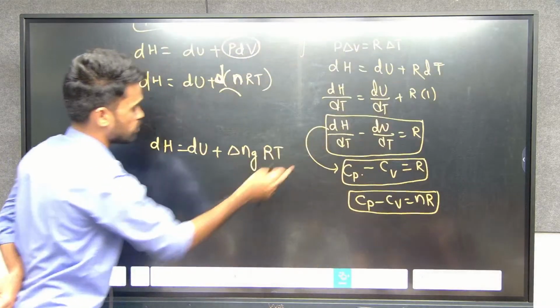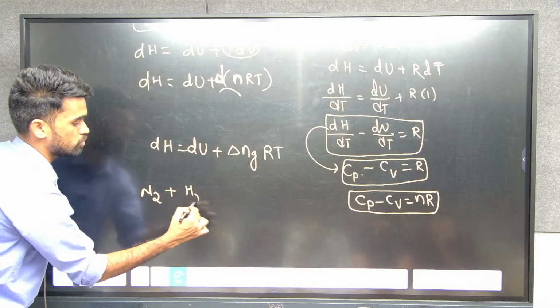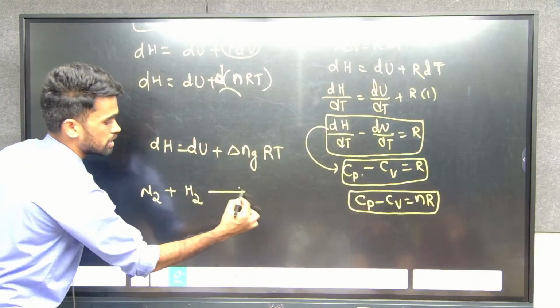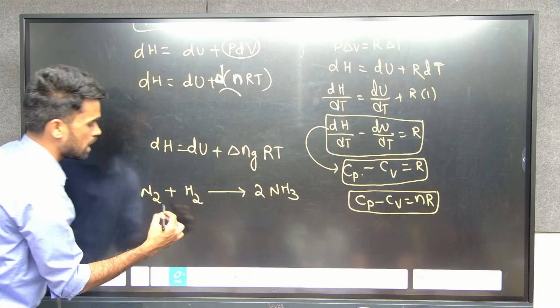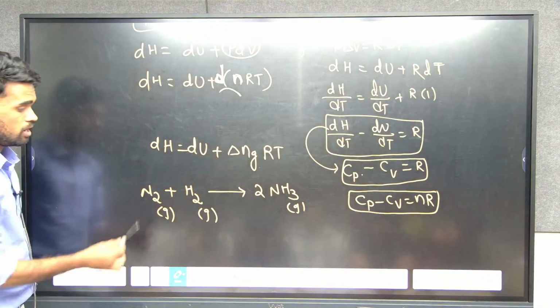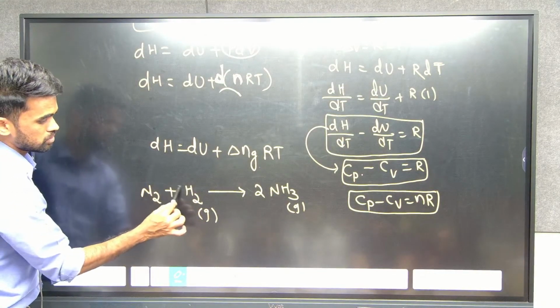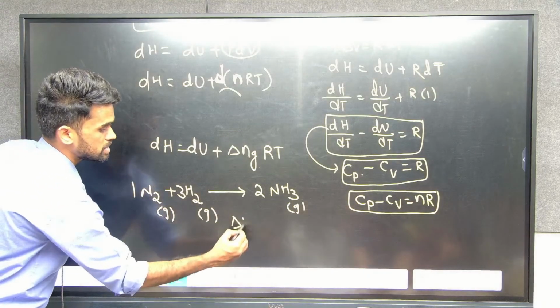So what is this equation saying, sir? For example, I am writing the ammonia formation equation: N2 plus H2 gives rise to 2NH3. All of these are gases only. Is the equation balanced? No. So what does this delta Ng indicate?